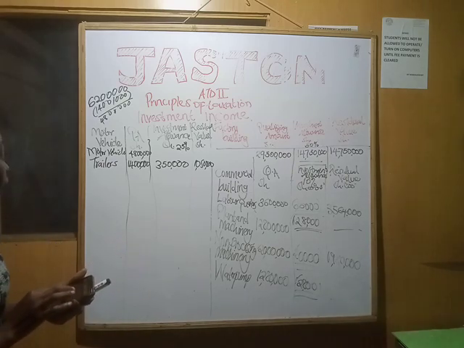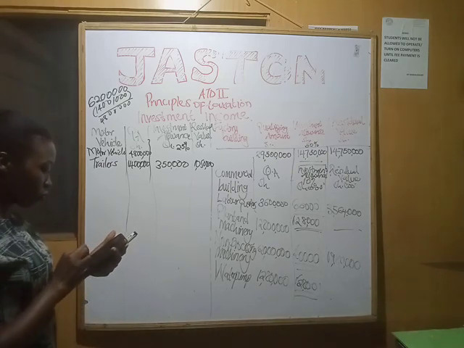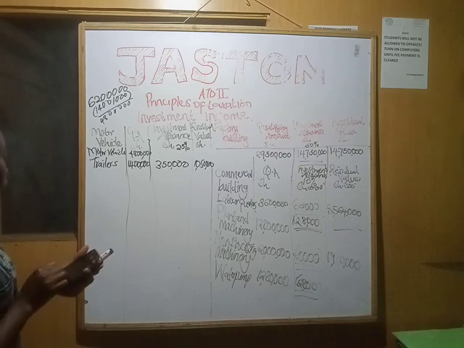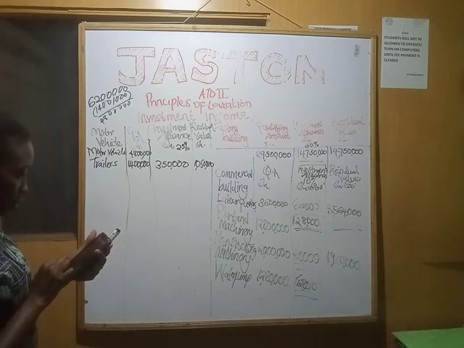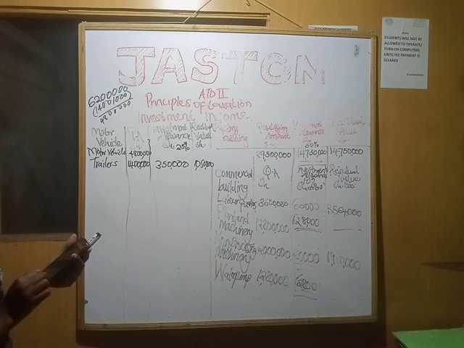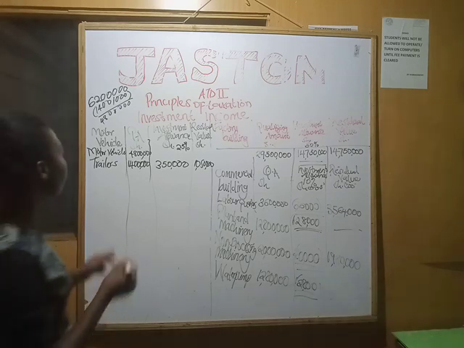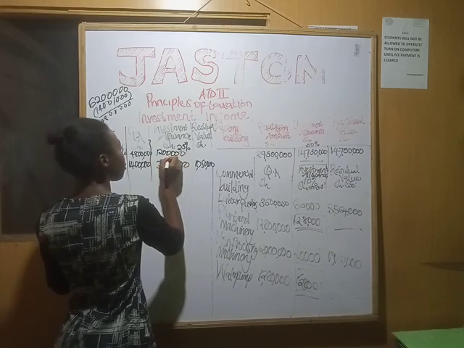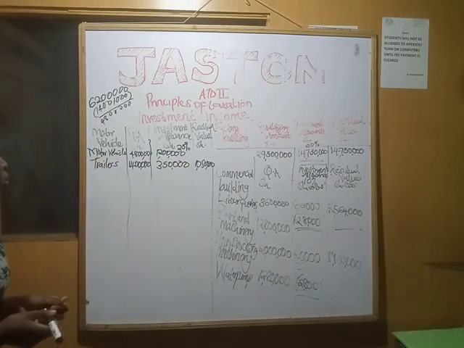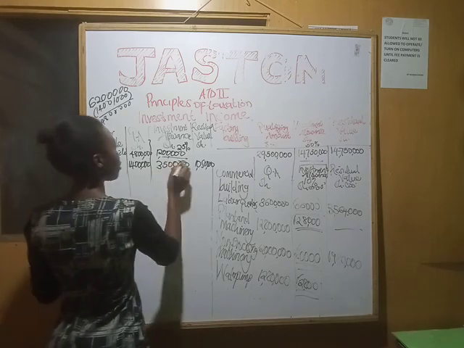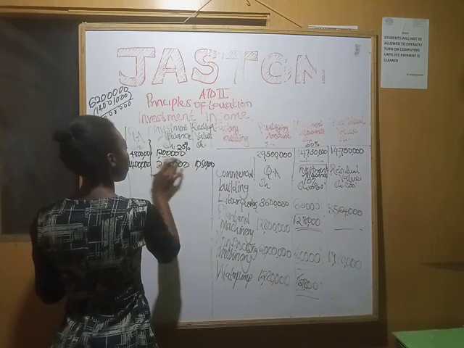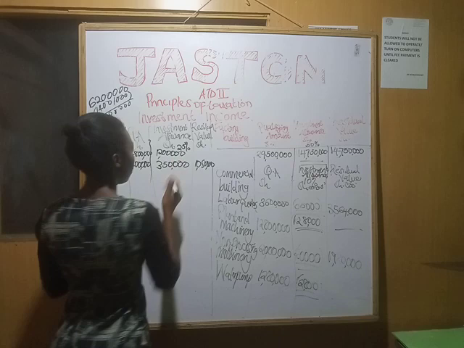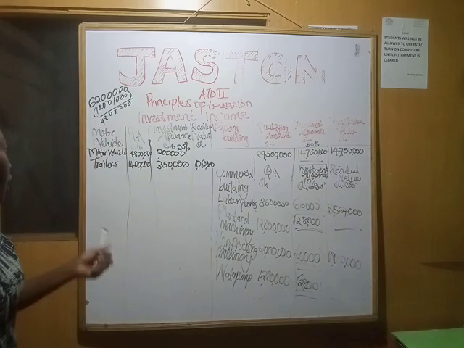We multiplied by 25%. We get 25% of 4,800,000, which is 1,200,000. There is our investment. Sorry, it's not our investment allowance yet.